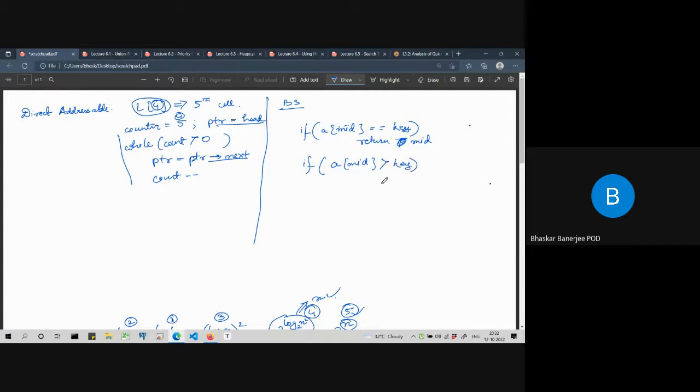Then I know that the key element is smaller and it is on the left hand side. So you keep the beginning the same and change the end pointer: end equal to mid minus 1. And if it is not the case, you go for an else: beginning equal to mid plus 1.